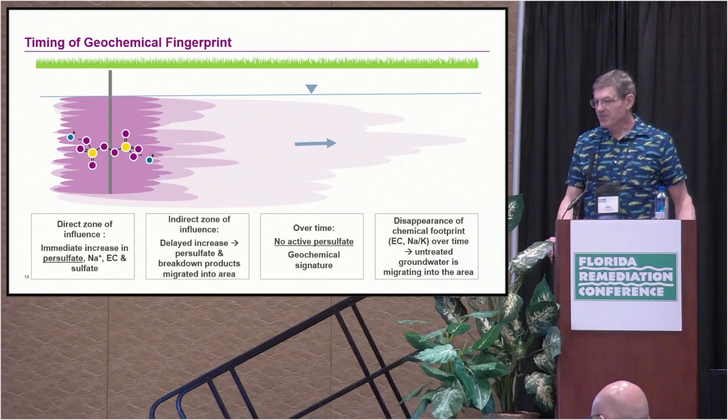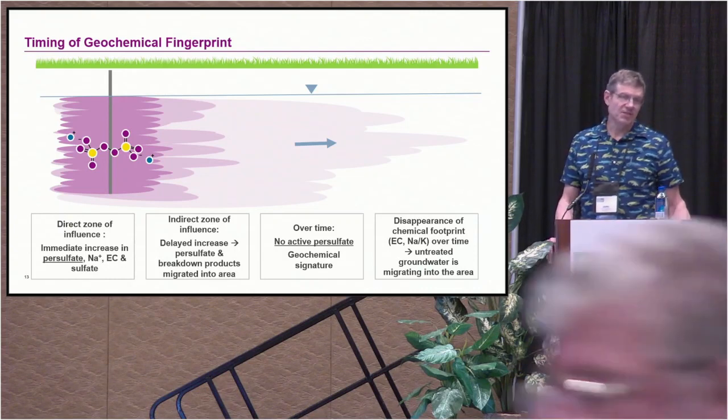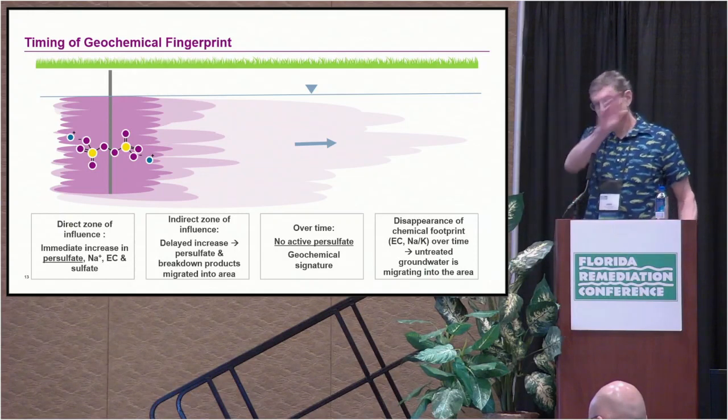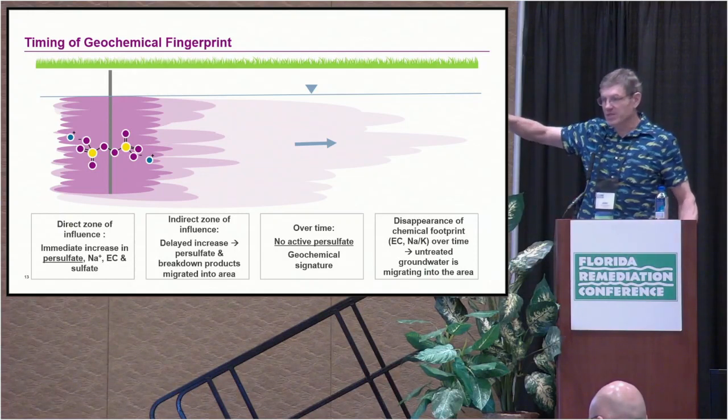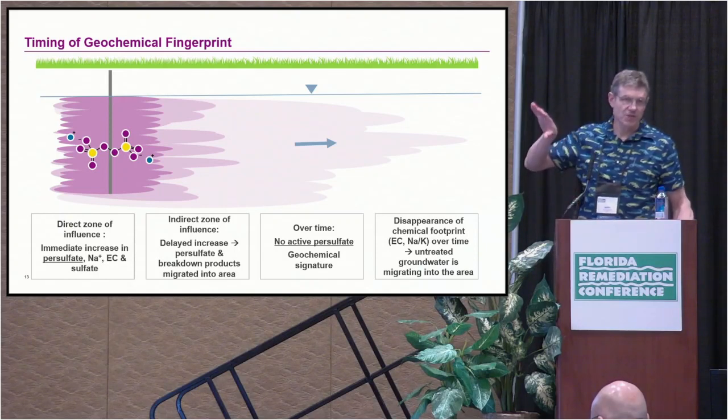There's a further up gradient point where ultimately you see no active persulfate. It probably doesn't reach it. This is like that 2 to 8 week post time frame sort of thing. If you're more than 2 to 8 weeks out, you probably don't see any persulfate. And then over time, your geochemical signature shows up and wanes.